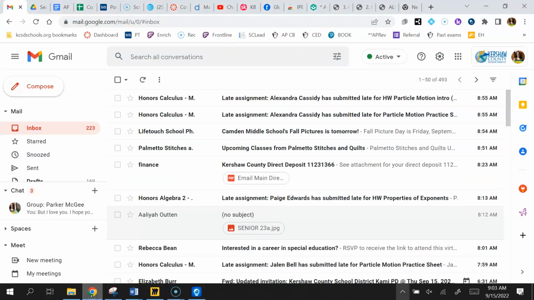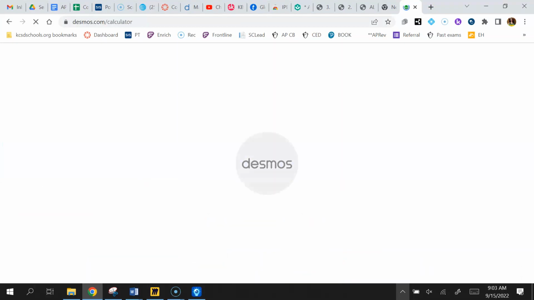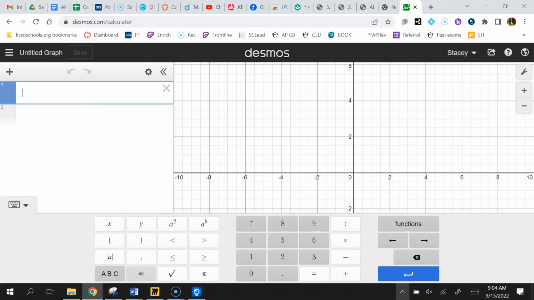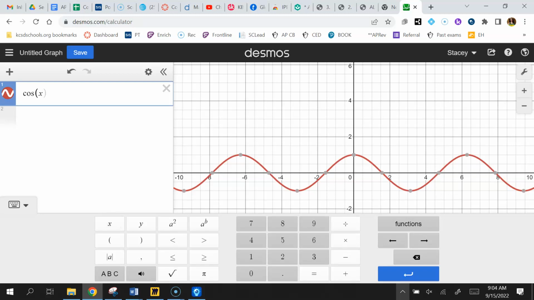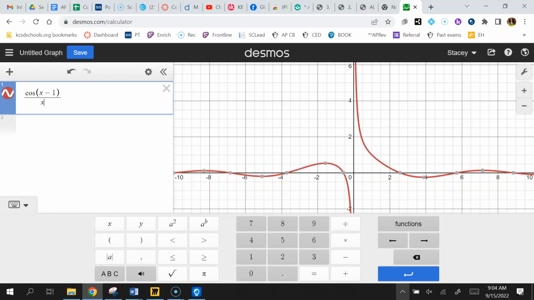Well, here, I'll pull up Desmos. Cosine x minus 1 divided by x. That's probably going to help a lot.